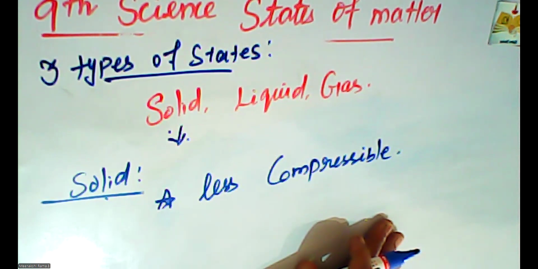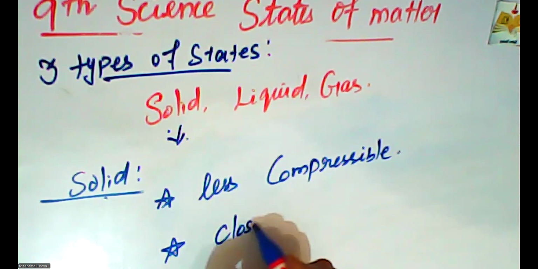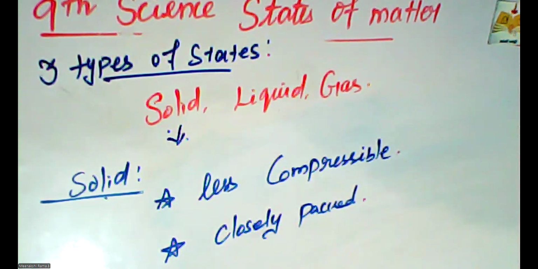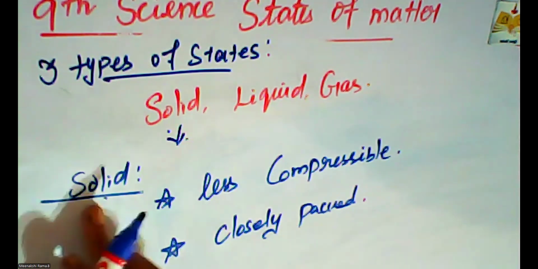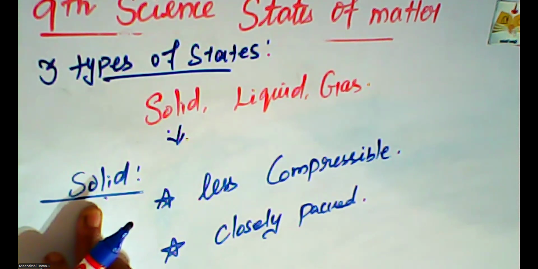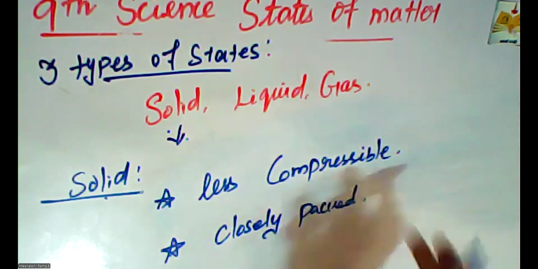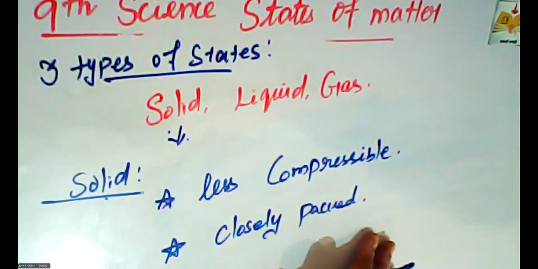In solid materials, atoms and molecules are closely packed. So the properties of the solid state are definite volume, definite mass, definite shape, less compressibility, and closely packed particles.